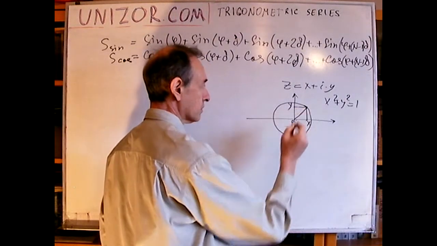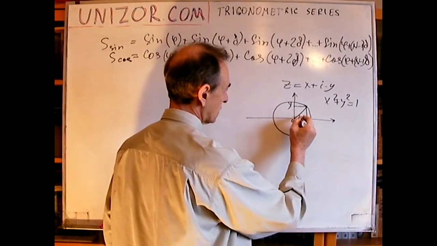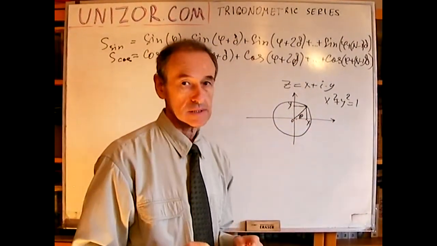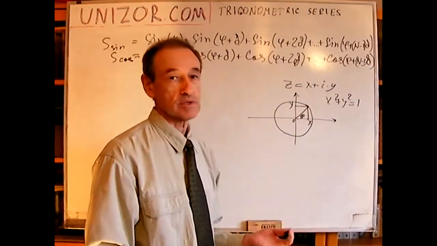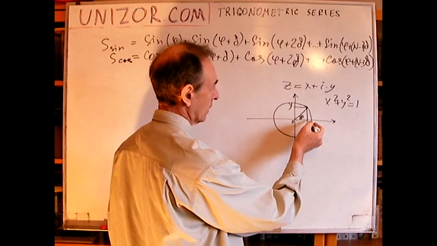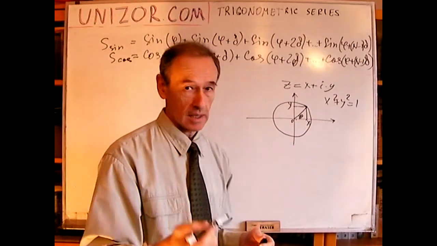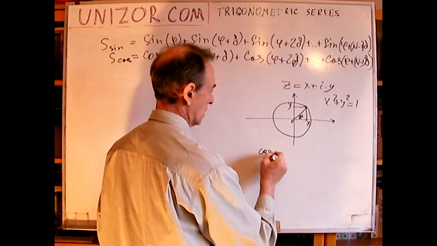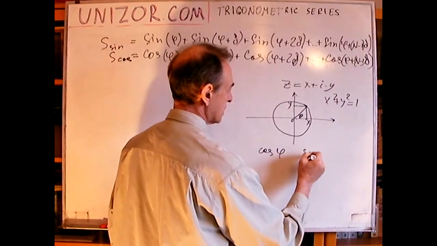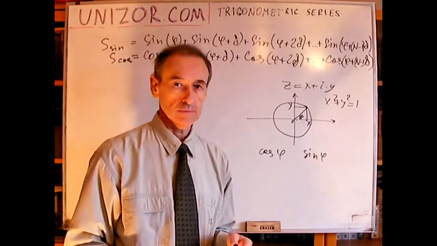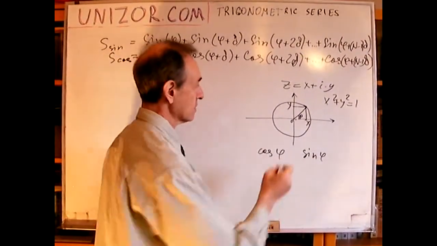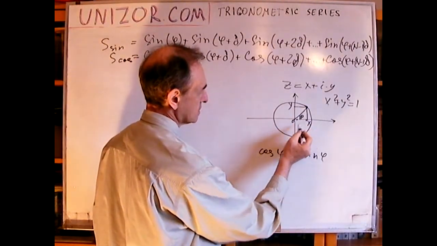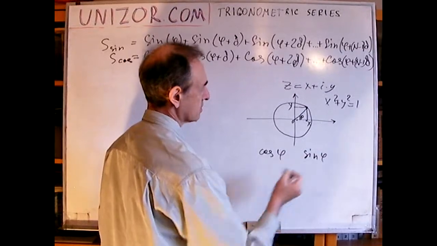That's the numbers which we are considering. Now, every point on the unit circle can be represented by its angle phi with the x-axis. And at the same time, there is a definition that abscissa and ordinate of this angle phi are: abscissa is cosine phi and ordinate is sine of phi. That's by definition of cosine and sine. So if this is an angle phi, this point belongs to a unit circle, then this particular piece is equal to cosine of this angle, and this particular piece is equal to sine.